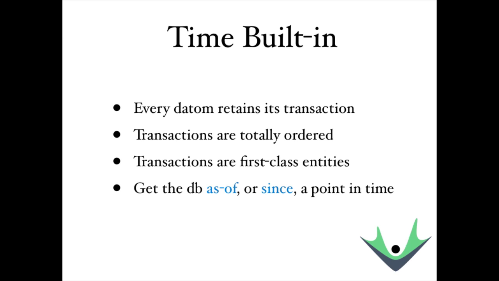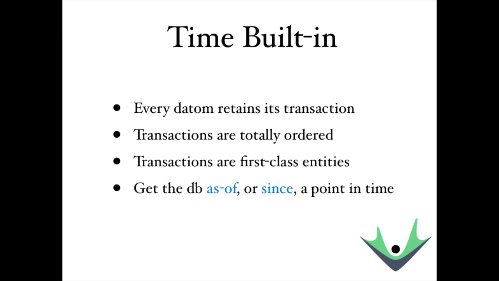The other more interesting thing, and possibly more difficult to get your head around, is the fact that given that a database is a value and that we keep the past, it's possible to get the value of the database as of a different point in time, like a point in time in the past, or to get a window of the database since a point in time or between two points in time.